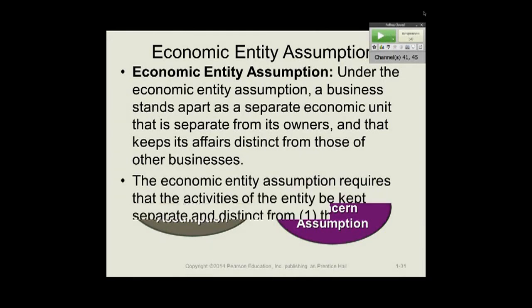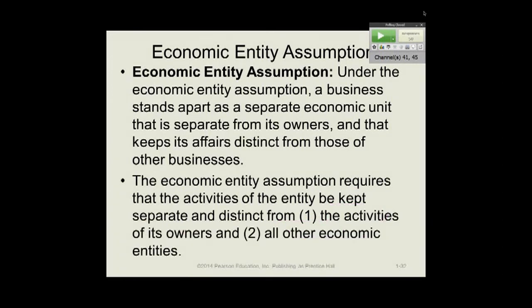But from an accounting perspective, I'm going to be separate and distinct from that business. So if I buy a car and I use the car for personal use, it doesn't go on the business. If I invest the car in the business, it goes on the business books. So the business entity or the economic entity says that the business has to be kept separate from the owners and from any other economic entity.